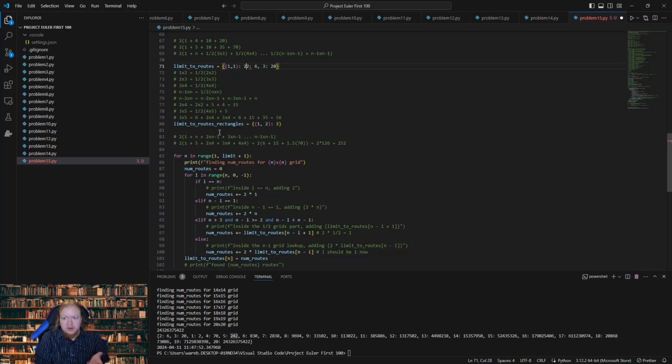A grid of size 1 has 2 routes. A grid of size 2 by 2 has 6. 3 has 20. I'm not gonna start adding 4 because that's a good test case.